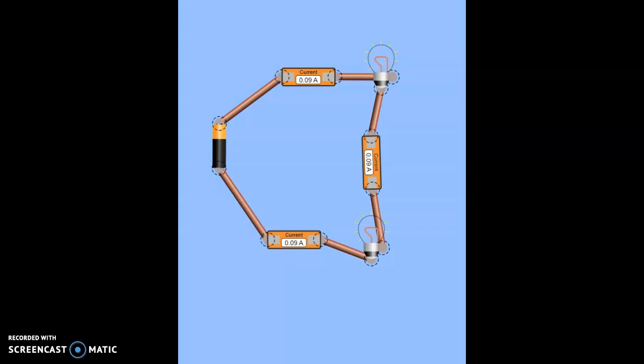And we see here that 0.09 amps is obviously less than 0.45 amps. You see again, since it is in series, we have the same flow rate of charge, the same current through each wire. And you see that these arrows that represent our current, they are moving pretty slow through the whole circuit.